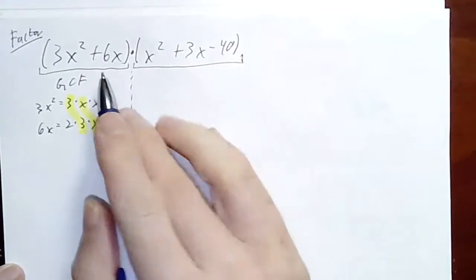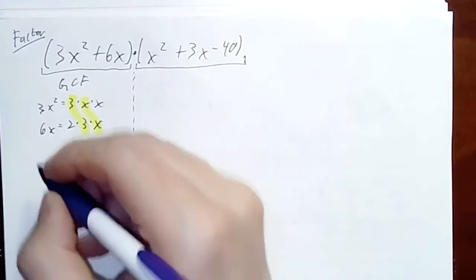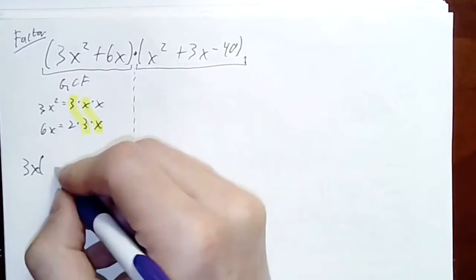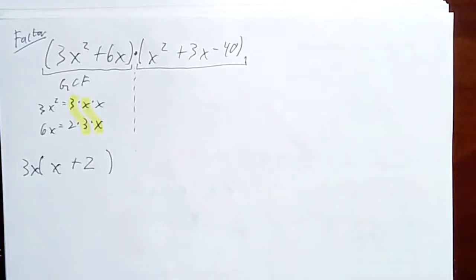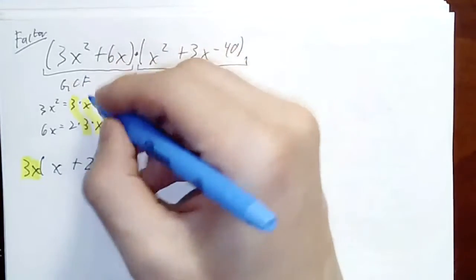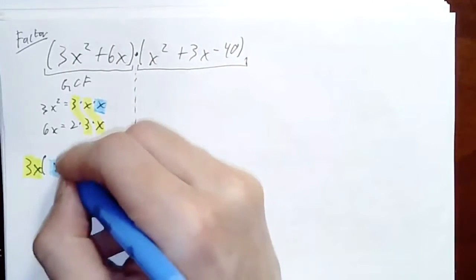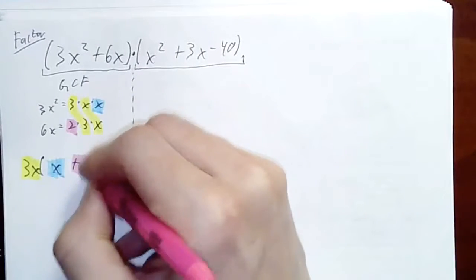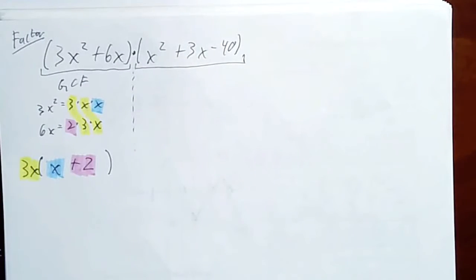So rewriting this first factor, I can rewrite that as 3x times x plus 2. So the 3x is the GCF, and I pull that out and I write down what I have remaining. In this situation, I have x remaining for the first term, and for the second term, I have 2 remaining. So that's where I get my 3x times x plus 2.